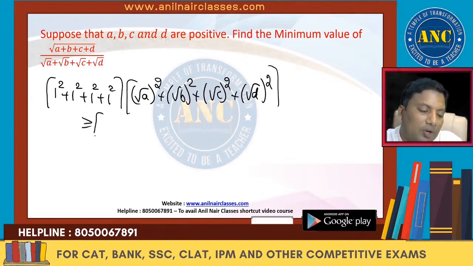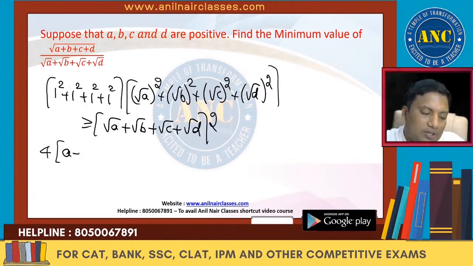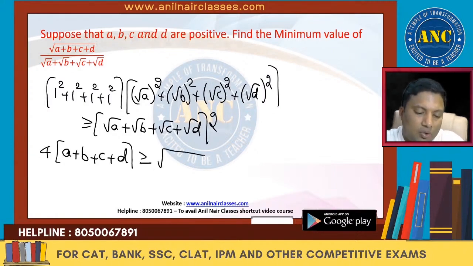Greater than or equal to 1 into root A plus root B plus root C plus root D, whole square. These are nothing but 4 into A plus B plus C plus D. So 4 times A plus B plus C plus D is greater than or equal to root A plus root B plus root C plus root D whole square.